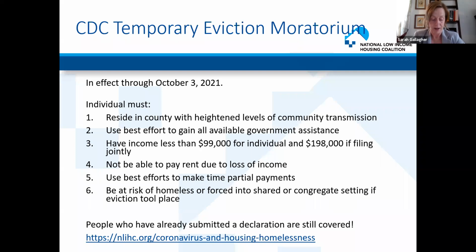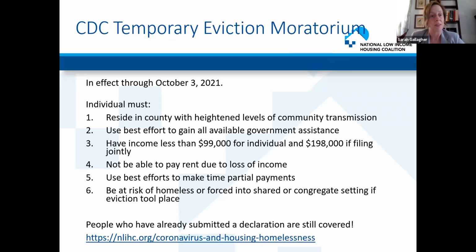It also covers individuals who are not able to pay rent due to loss of income but had used best efforts to make partial payments, and lastly, individuals who would be at risk for homelessness or forced into shared or congregate settings if eviction took place.